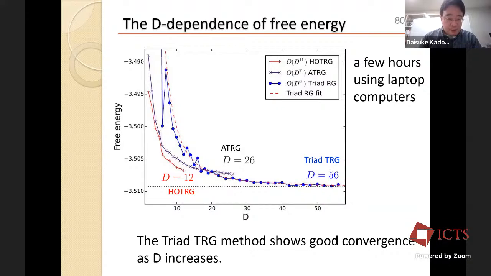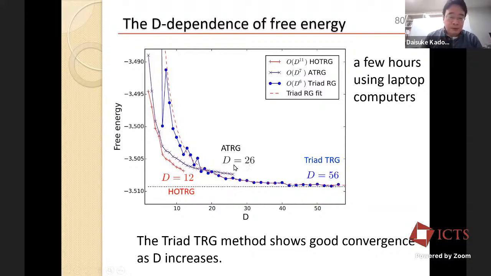And as can be seen in this figure, the triad TRG method shows good convergence as D increases. And this dotted line is the extrapolated value, which is obtained from the extrapolation of the triad TRG result to the infinite D-cut limit.